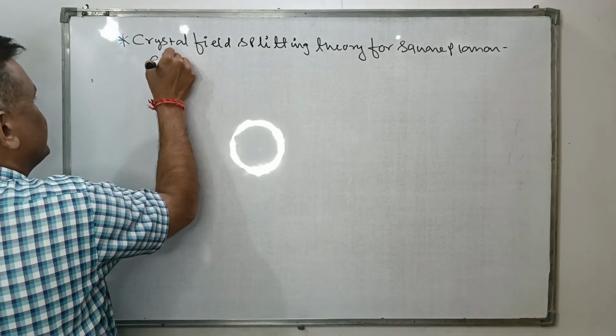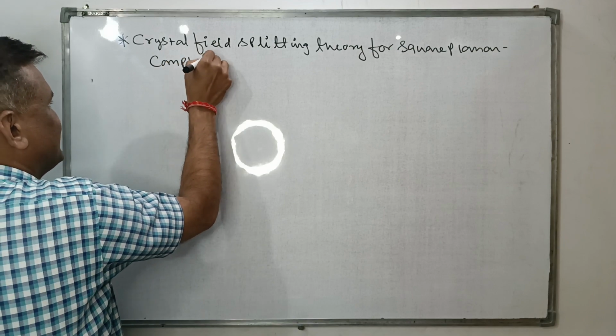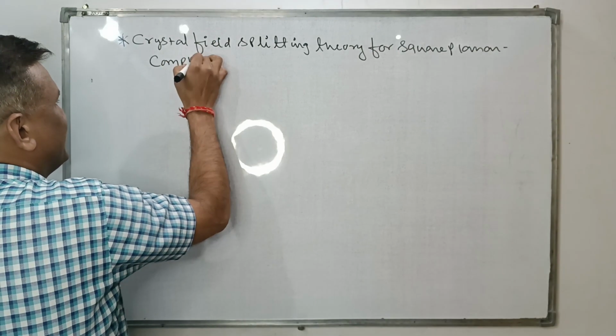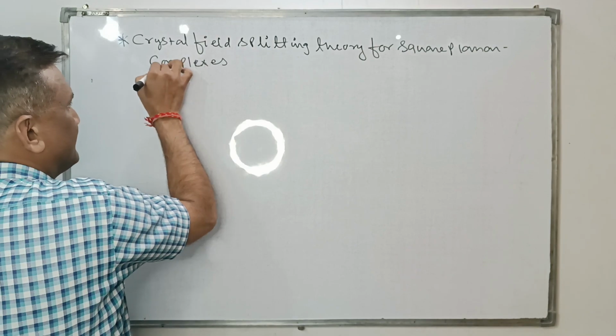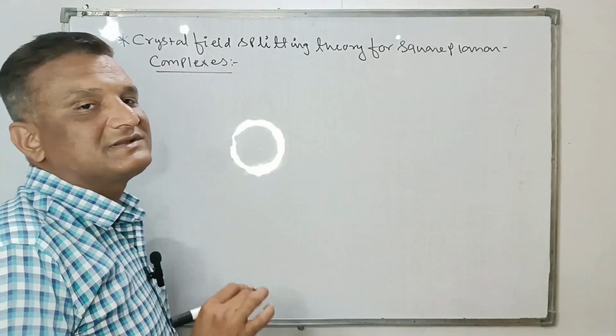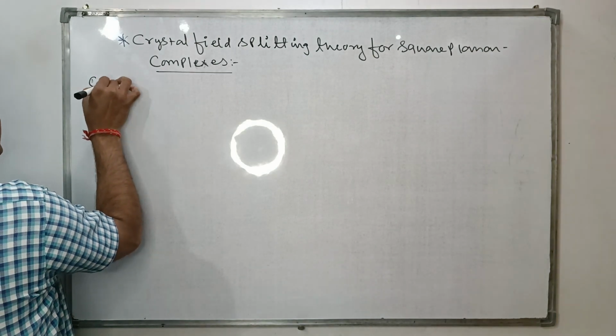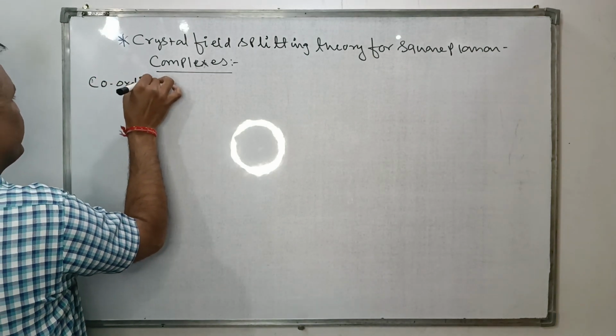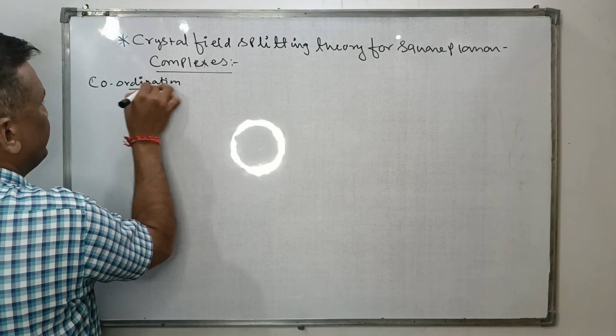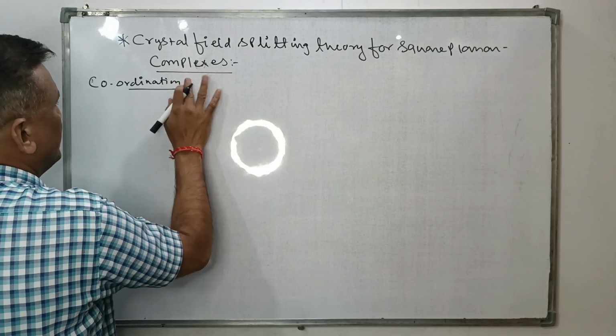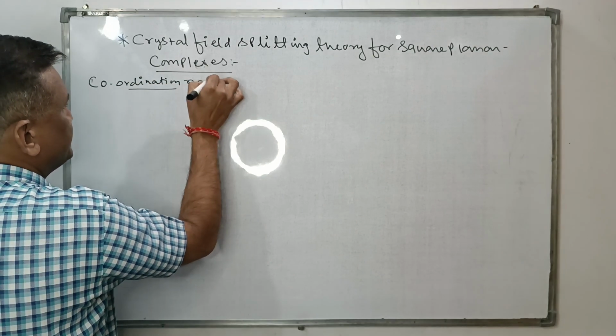Square planar we have discussed in the previous video. Just for the coordination number, this is coordination number 4.